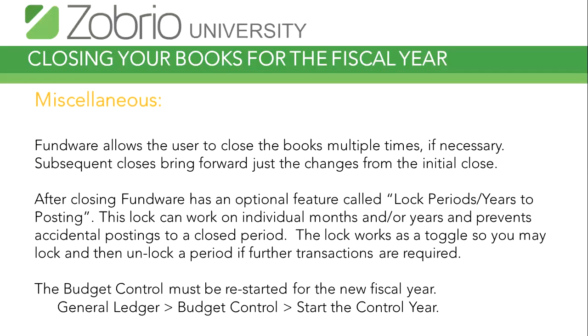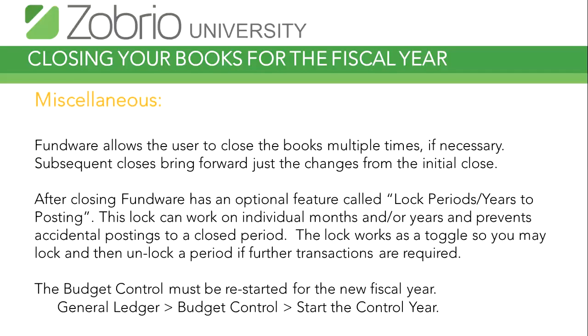And what's pertinent here is the fact that it's a toggle. So if you lock it down after you close, and later maybe the auditors come in and they have an adjustment for you, you can untoggle or reopen that particular period to posting and go ahead and reclose. Significant point there with Fundware is it does indeed allow you to close your books more than once.